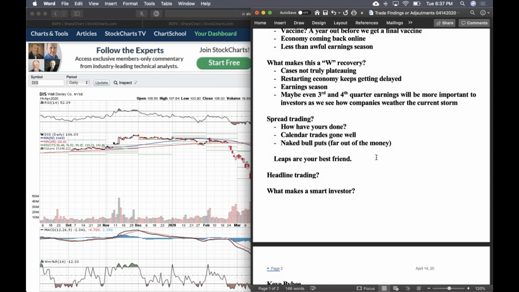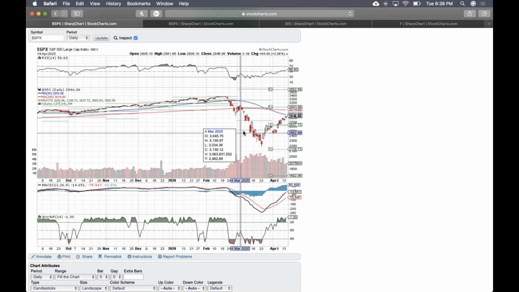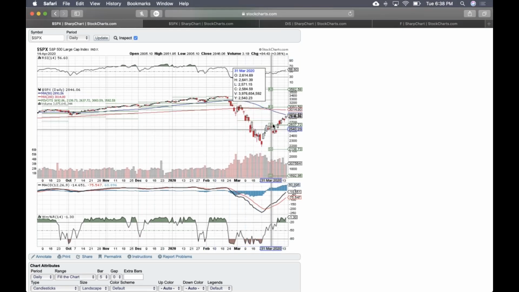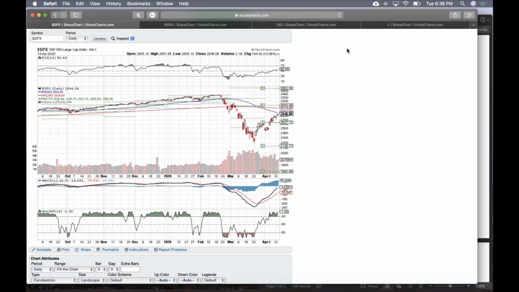But all that has done, obviously, has lessened some cost and did give us some opportunity to book some profits as we had some of these days. These days, we book profits. Okay.